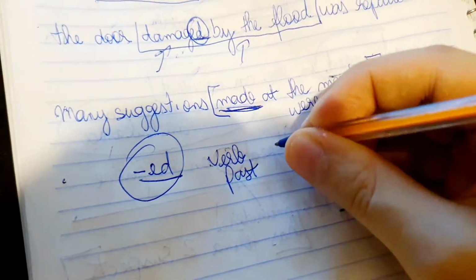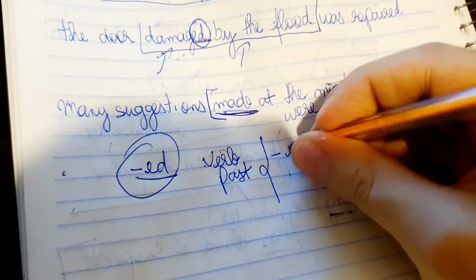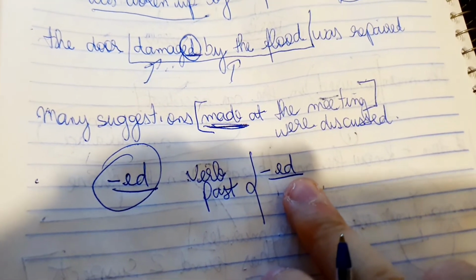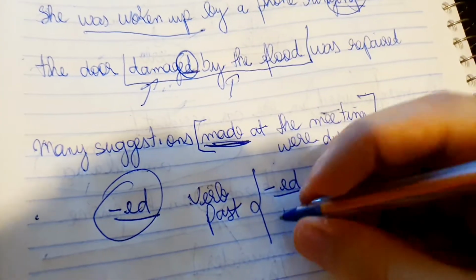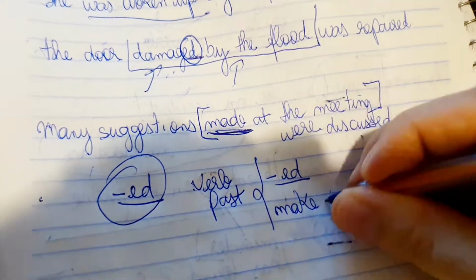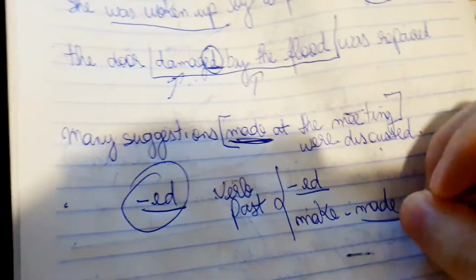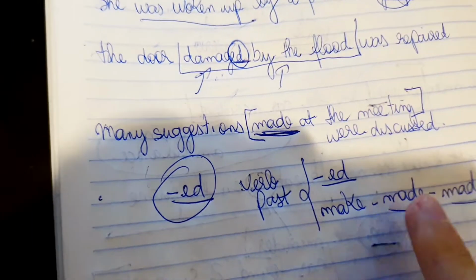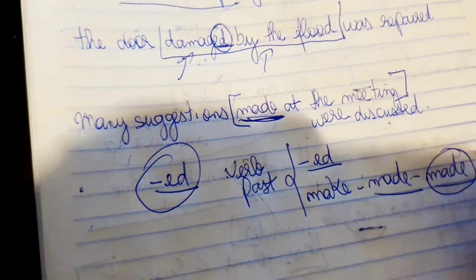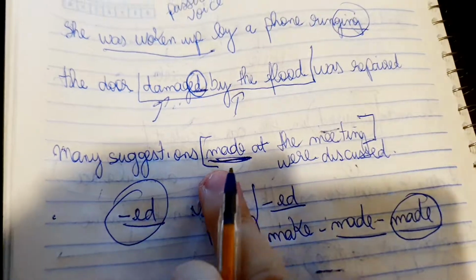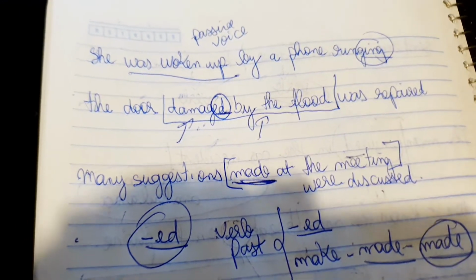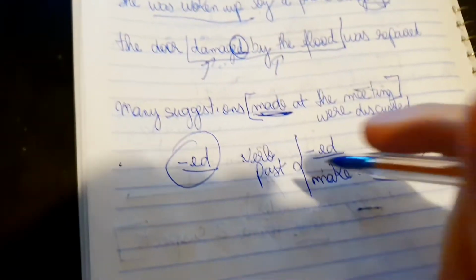You just have to be aware that there are many verbs which are regular, ending with ed, and the others are irregular. Make, made, made. As a matter of fact, this is the past participle, because this is a passive voice. So you have to be aware of that, okay?